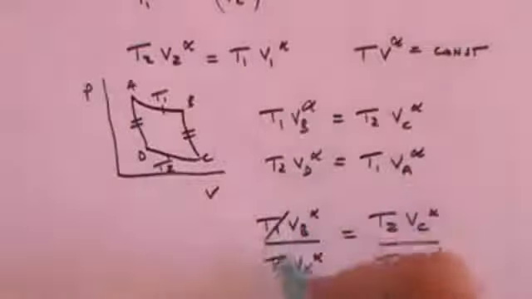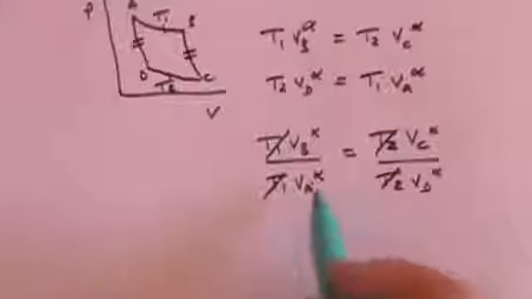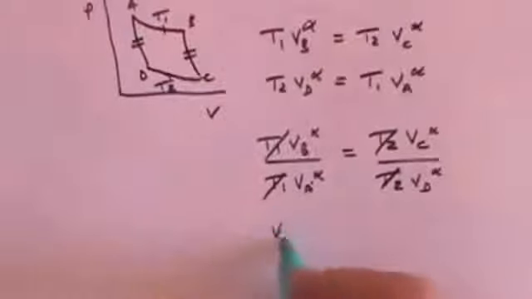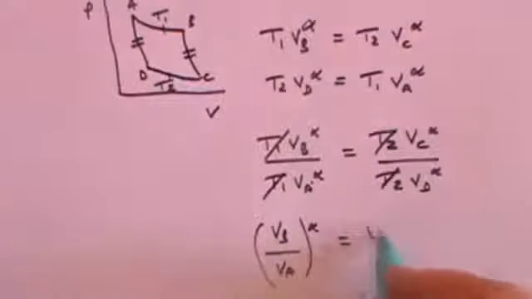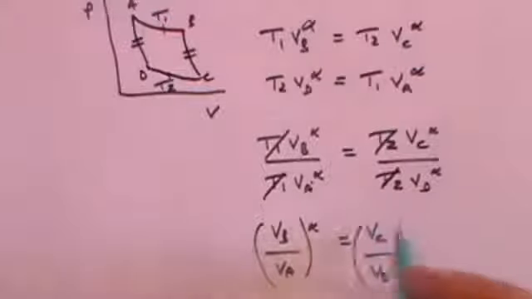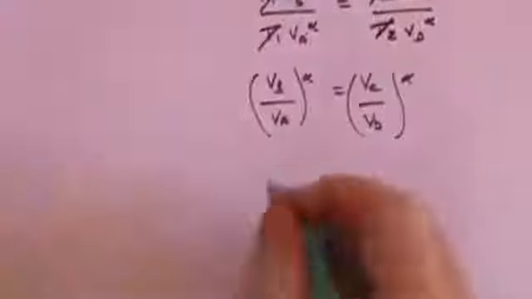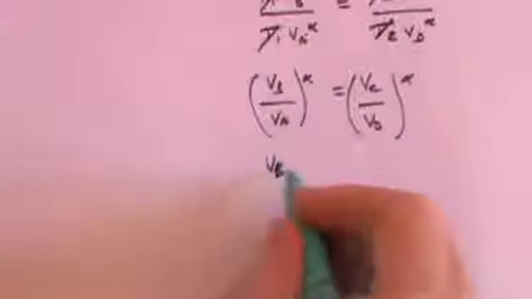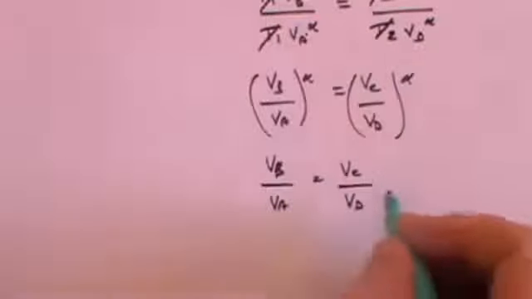Well, the T1s cancel, and now you get that VB over VA to the alpha is equal to VC over VD to the alpha. And that obviously means that VB over VA equals VC over VD.